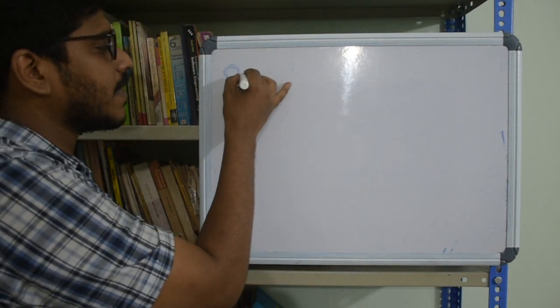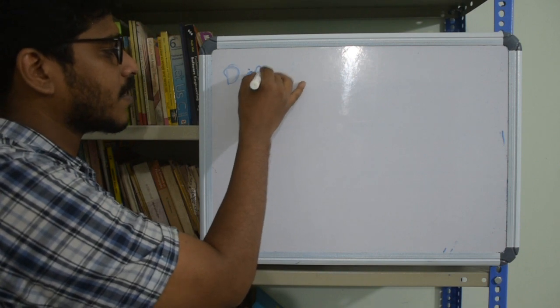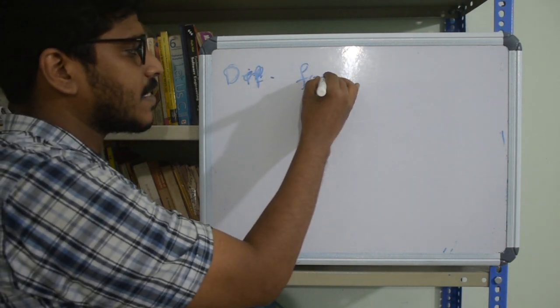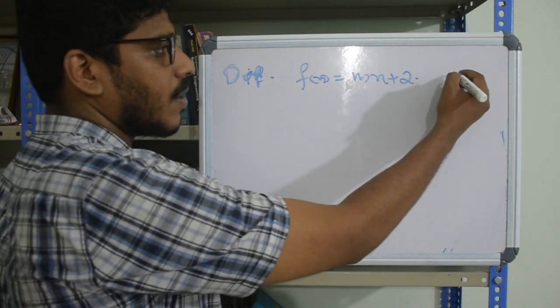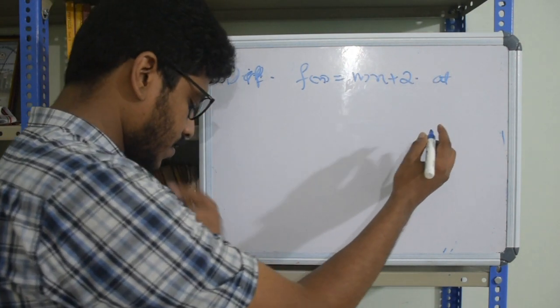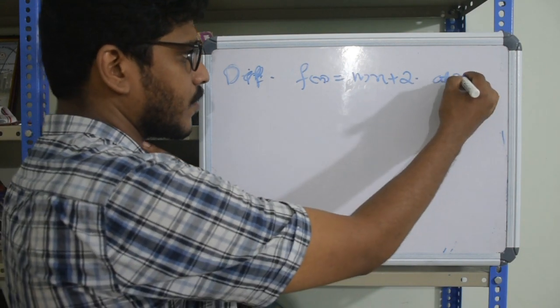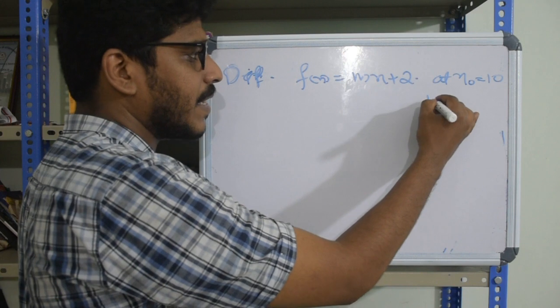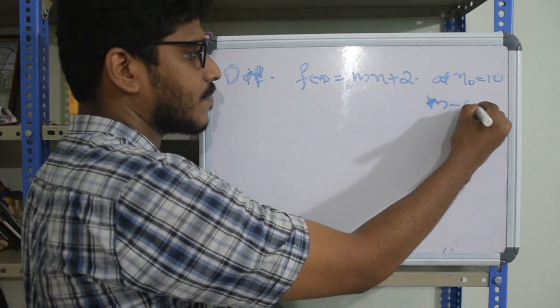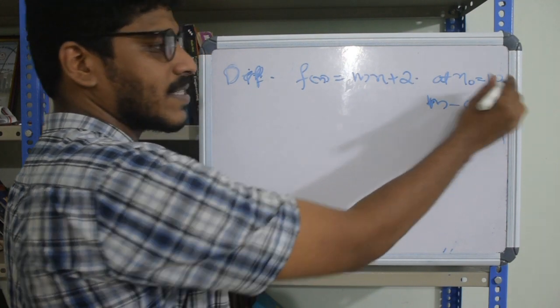Differentiate, or find the derivative of, the function f of x equal to, say, mx plus 2 at x naught equal to 10, where m is a constant. We don't know what that is.